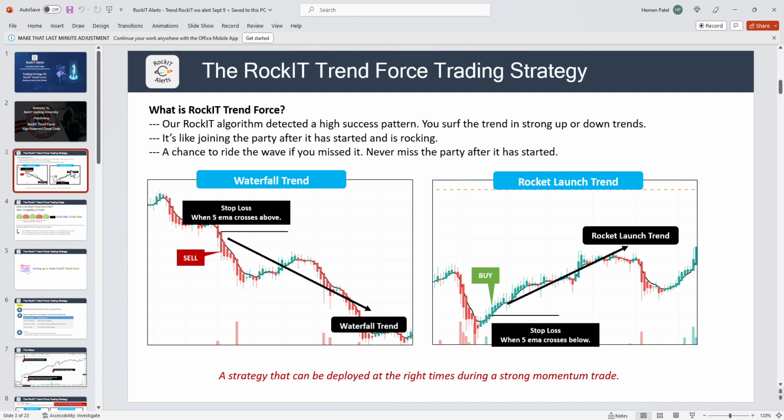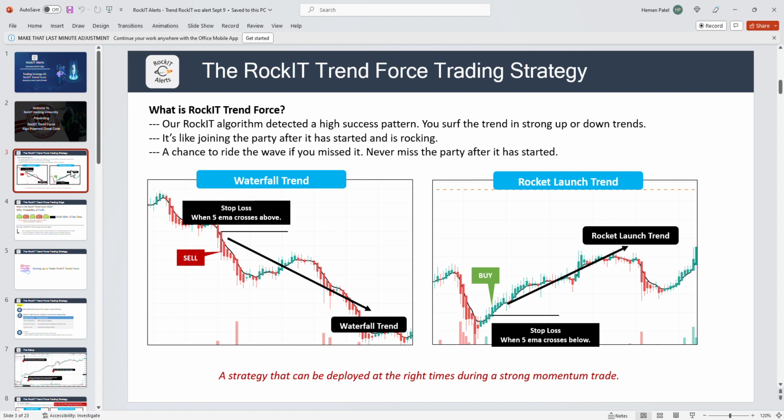So here is sort of the background of Rocket Trend Force. There are two types of trends that you can definitely visually figure out on a price action chart for anything: crypto, stocks, index, futures, forex, etc. Mainly two types of trend: waterfall trend and rocket launch trend.